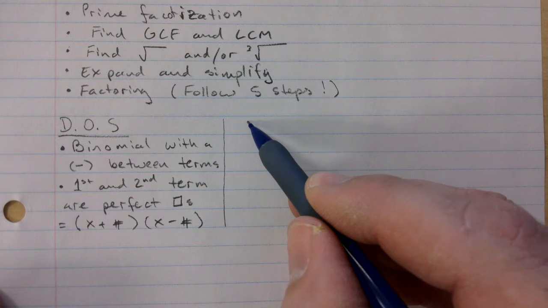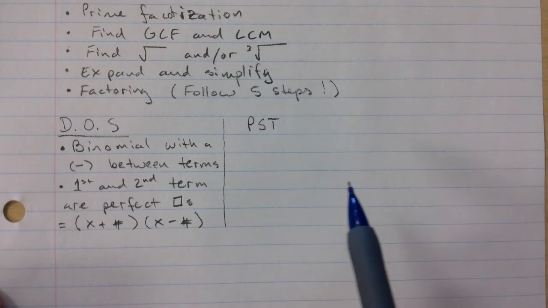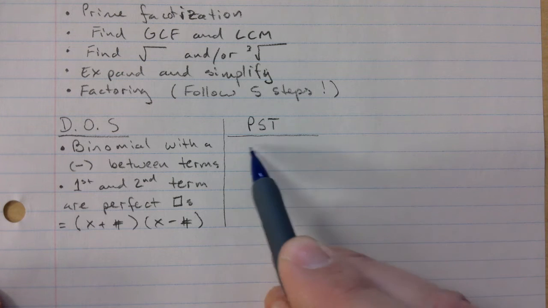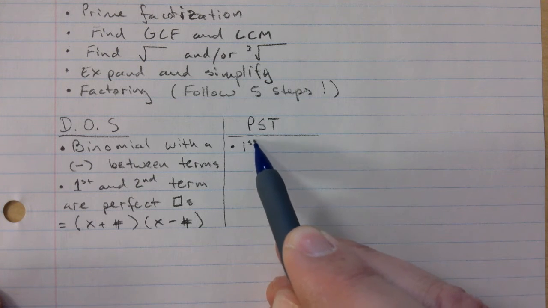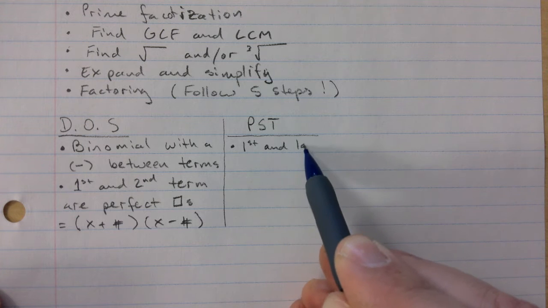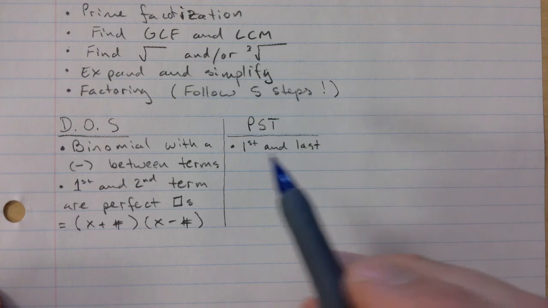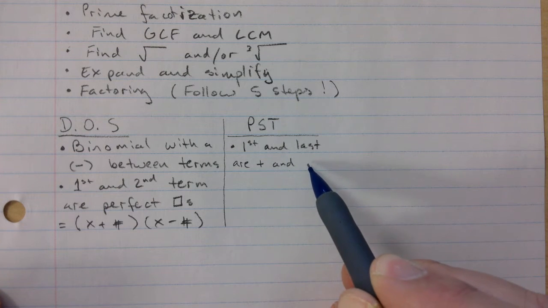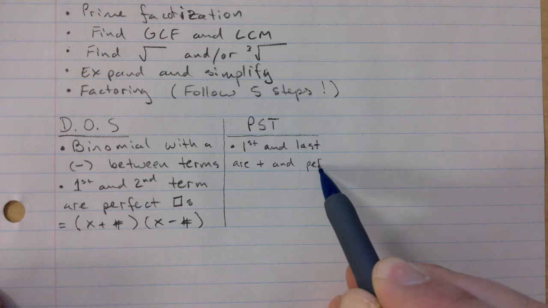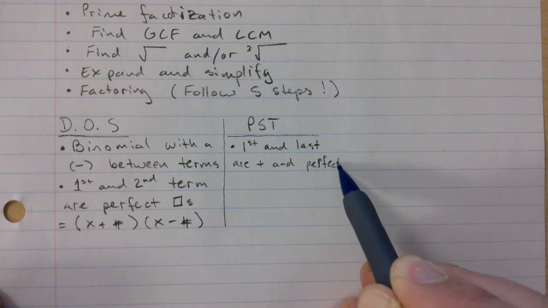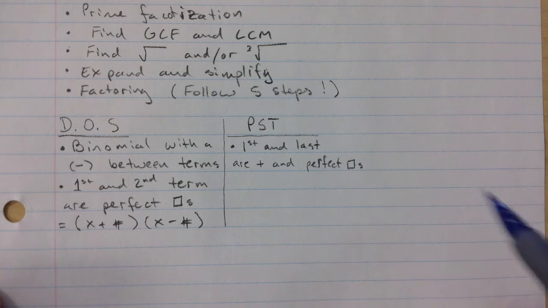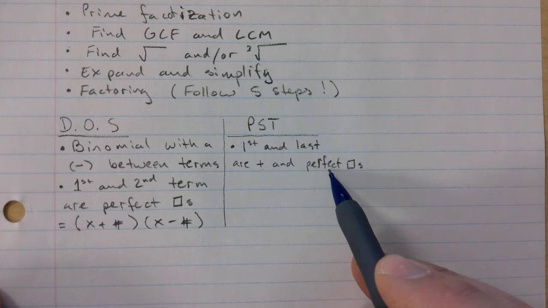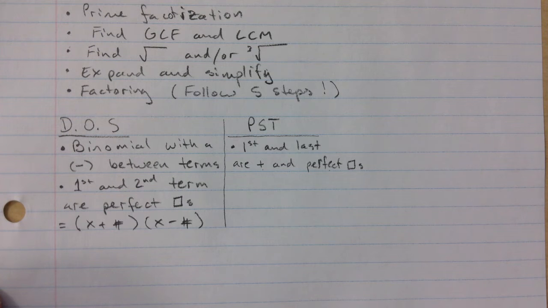Then how do you check for a PST? Perfect square trinomial, right? How do you check there? First and last are positive and perfect squares. The first and the last are positive and they are perfect squares.